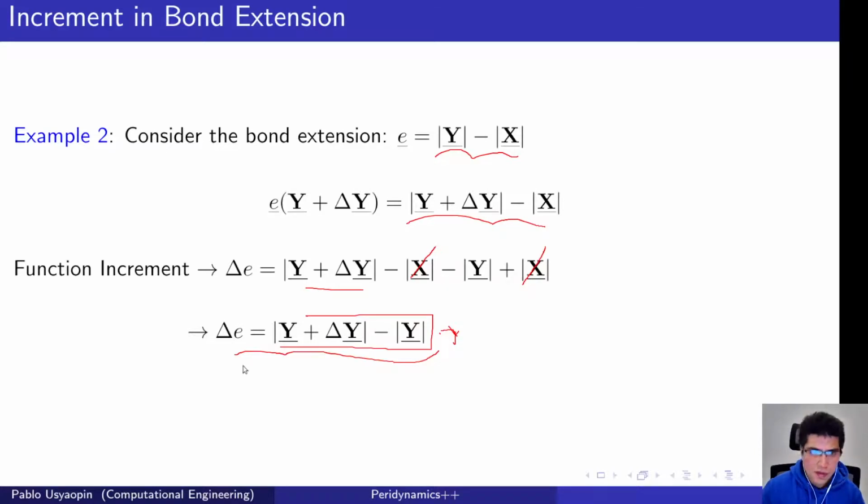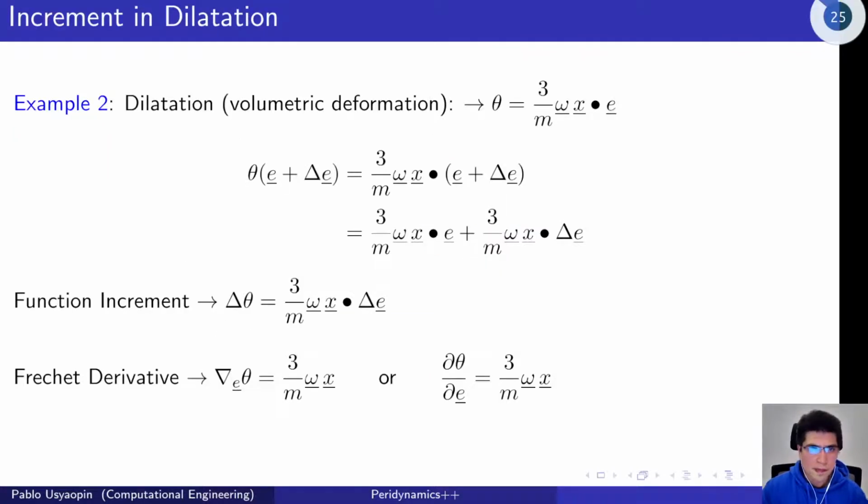But let's consider now this other example, which is some other peridynamic function called the dilatation, and it is defined as 3 divided by m. M is the weighted volume, which is defined as omega x dot x, but we will not be looking at this for the moment.